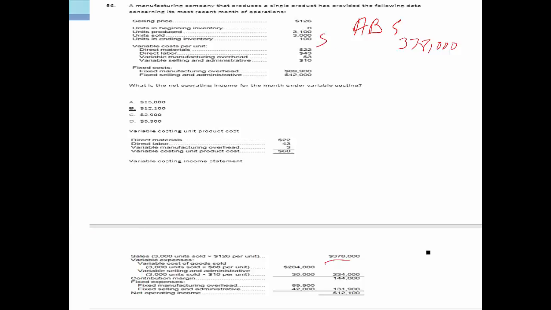So I have my sales. And now I have to pick up my cost of goods sold. The way I'm going to do that is by picking up all of my costs, both fixed and variable.